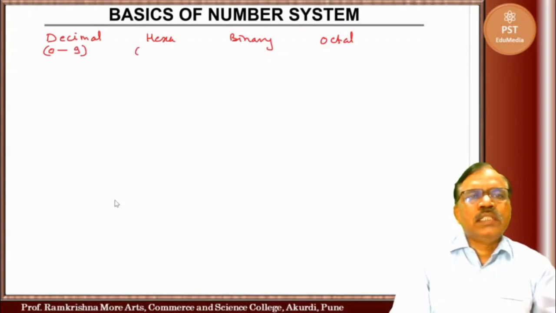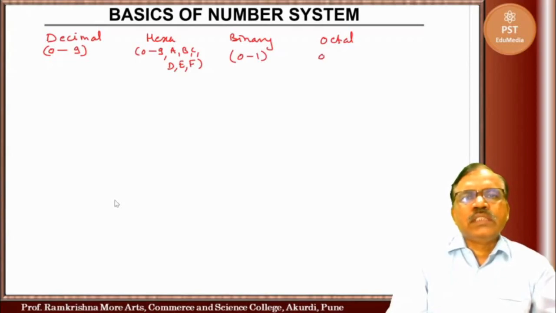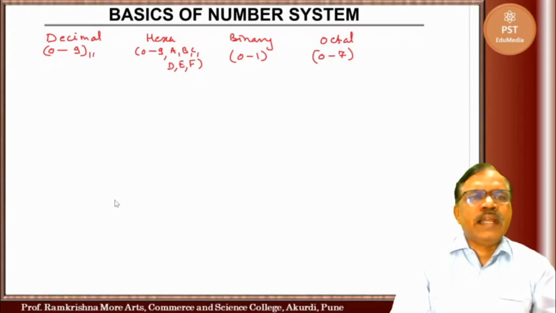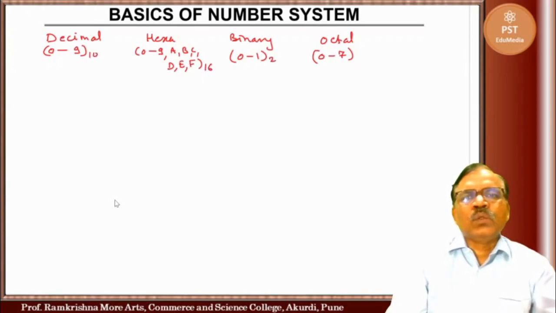In hexadecimal we use digits 0 to 9 and letters A, B, C, D, E, F. In binary we use digits 0 and 1. In octal we use digits 0 to 7. So the base is 10 for decimal, 16 for hexadecimal, 2 for binary, and 8 for octal.